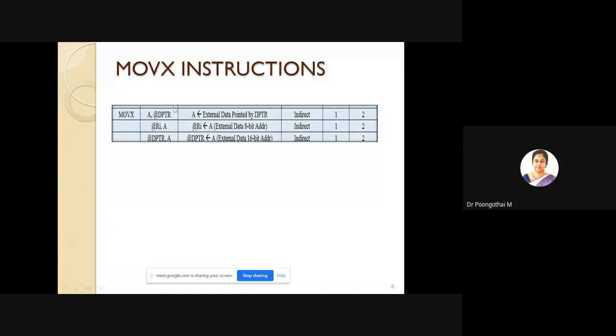So if it is a 16-bit address, that address is stored in DPTR. If it is an 8-bit address, that address should be stored in Ri register. So the external data pointed by DPTR is transferred to accumulator. Similarly, the accumulator content is transferred to external memory addressed by Ri. Next, your accumulator content is transferred to external memory addressed by DPTR. Okay, so indirect addressing mode.